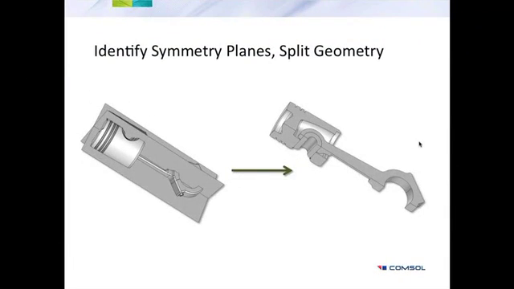Now you might also want to identify some symmetry planes, and know that sometimes an assumption is good enough. So even though a quarter of this is clearly not a symmetrical part, it might be enough for a first assumption, just to capture the most important details of your analysis when setting up your model.